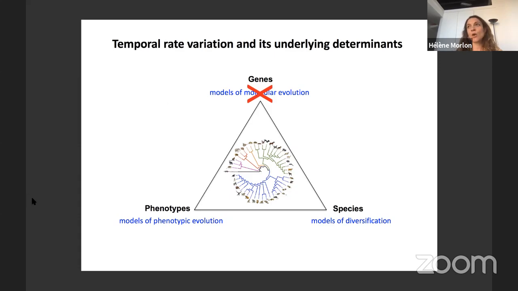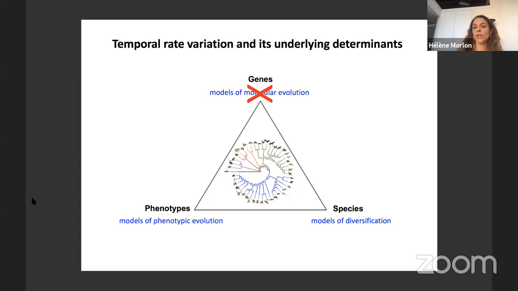I don't know if it's because there hasn't been the same type of theories of adaptive radiation that have driven the wish to develop such models, but they are not really present. So we don't really have a test for variation in rates of molecular evolution, at least in time, in the current literature.